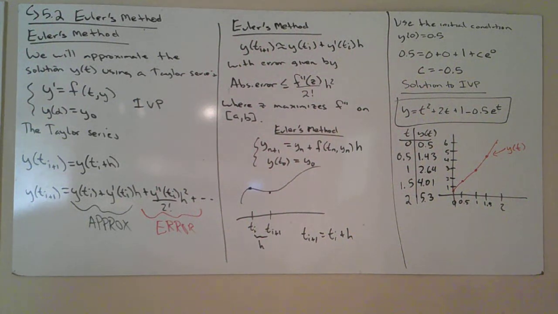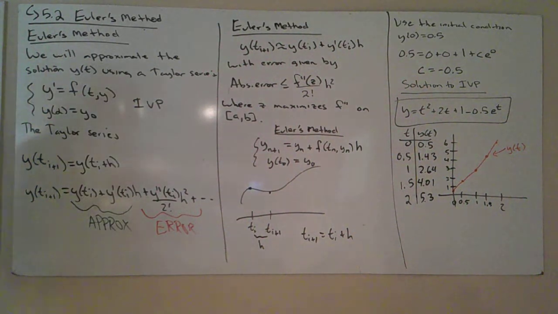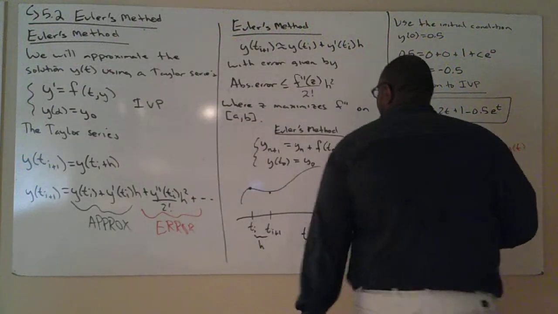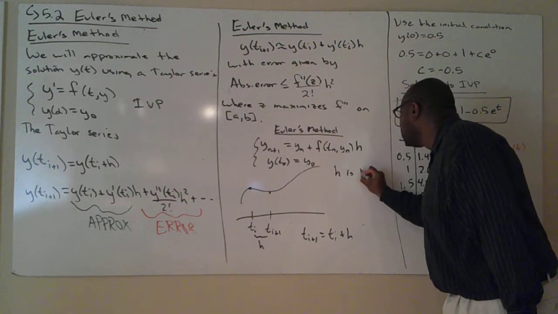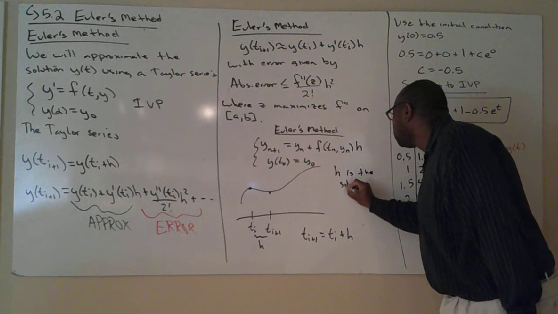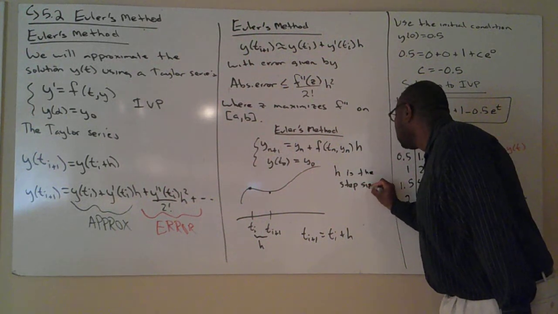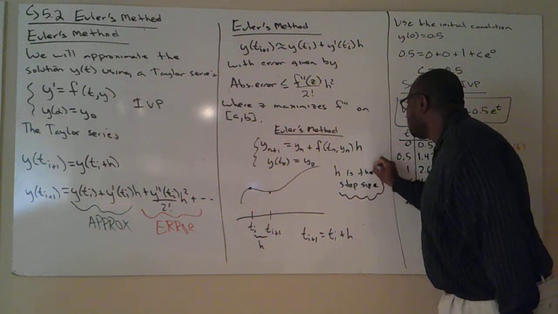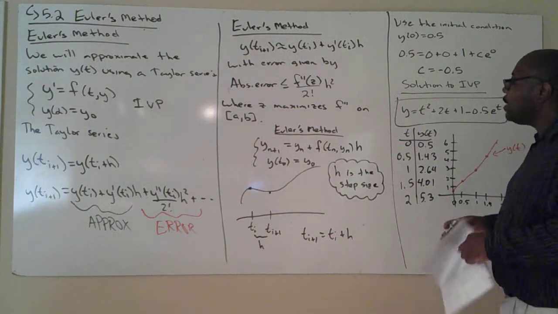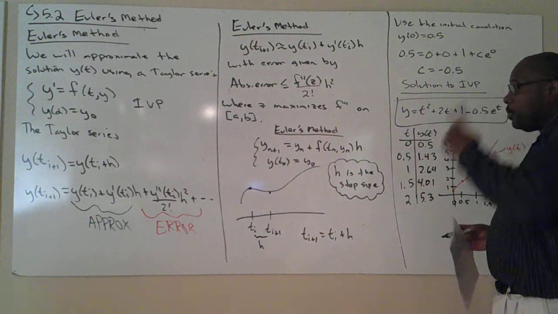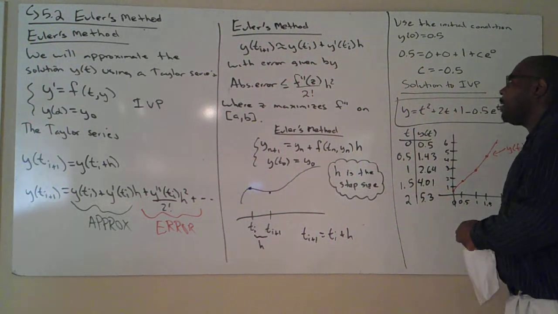Again, error is still the same. And what do we call h? h is called the step size of our Euler's method. It's just the distance between my nodes, and we're assuming that all the nodes are equally spaced.